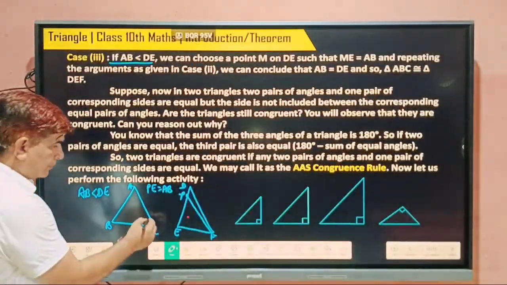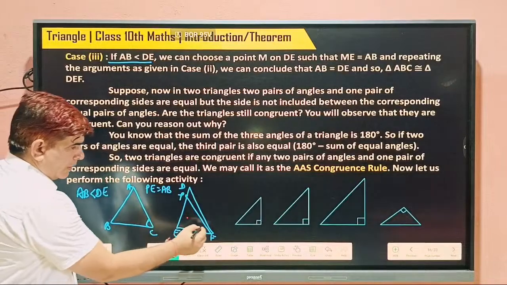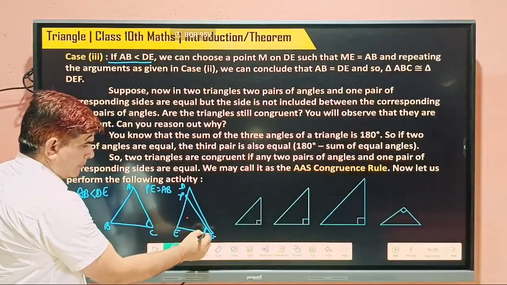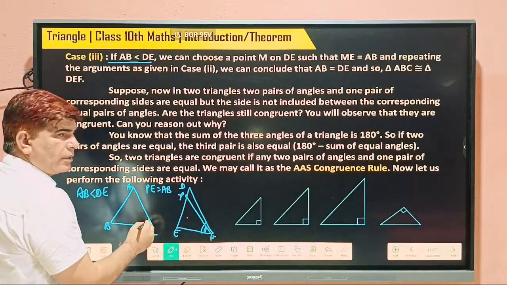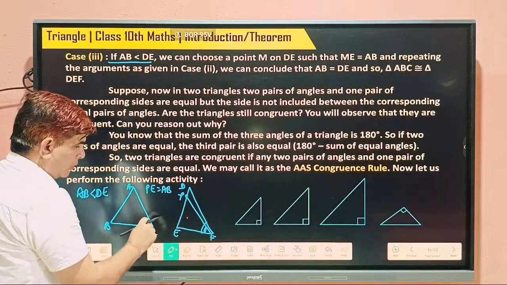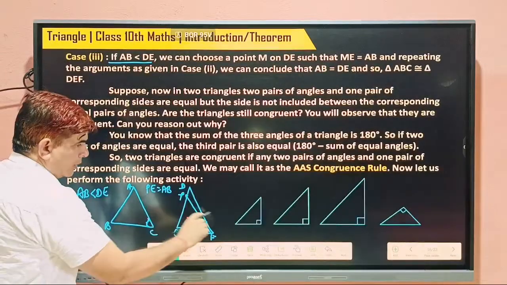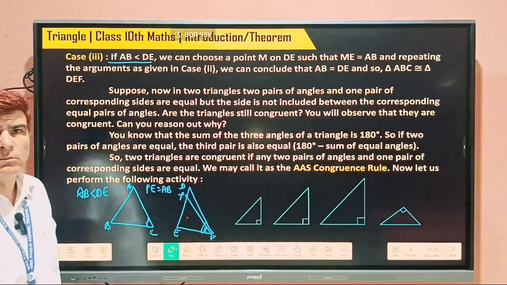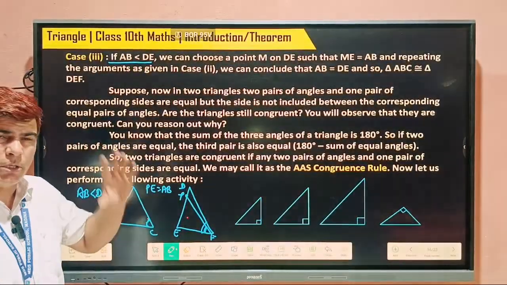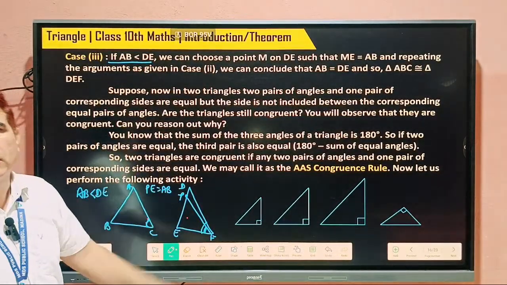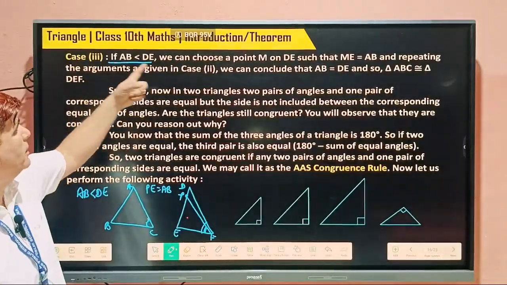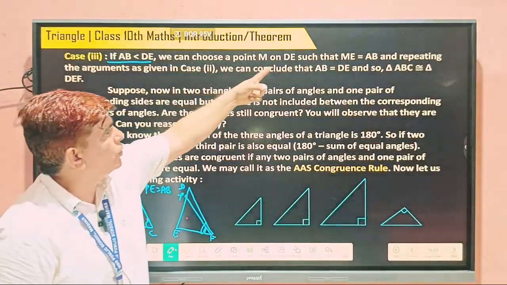So this triangle becomes congruent to this triangle. So it means this angle equal to this angle. But this angle equal to this angle. So is it possible this angle equal to this angle and this angle equal to this angle also? Not possible. Possible only when P and D are the same points. That's why it is written we can choose a point M on DE.